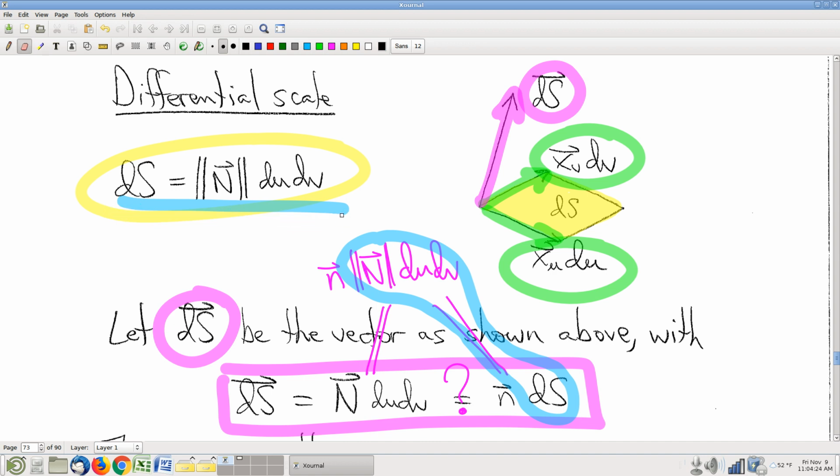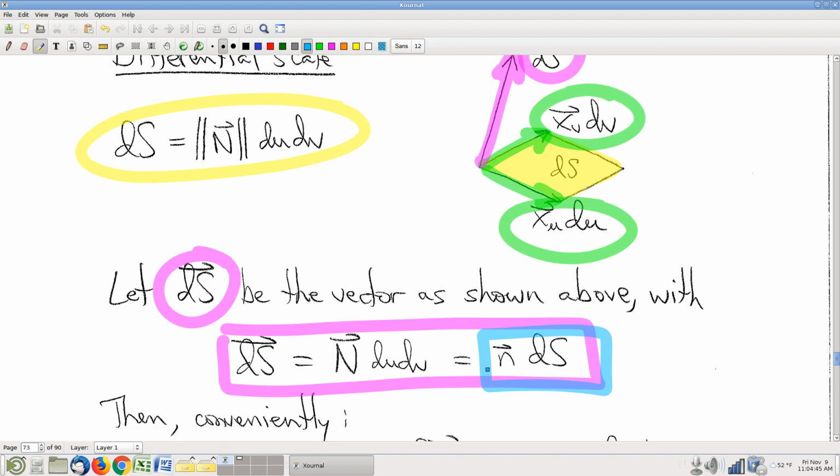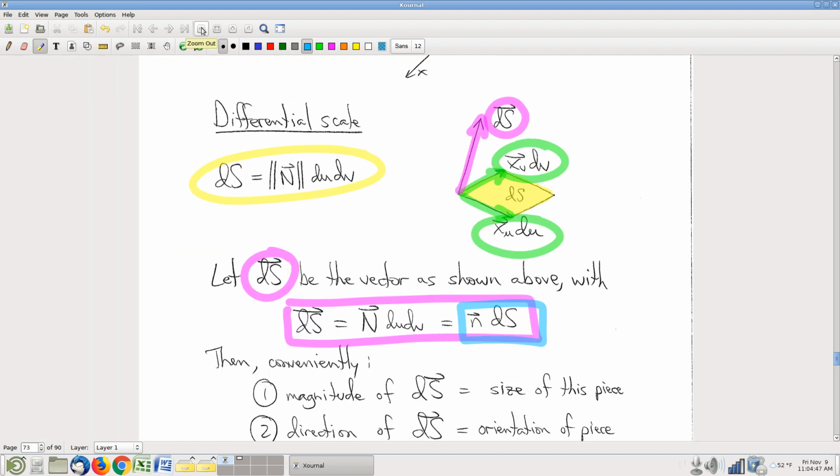It makes it clear why the important punchline here is why these are equal. Okay. All right, now let me get that out of the way. So this ds vector, think of it in either of these ways. They're both really convenient and for different purposes. The second one here is convenient for this next observation.